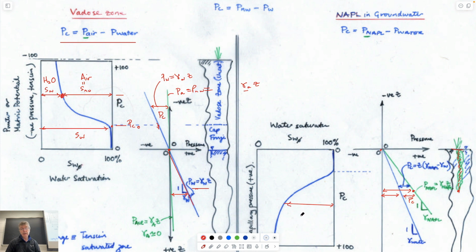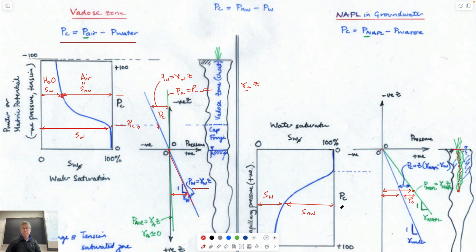This will be 100% water. This also is the saturation of the wetting phase. This is the saturation of the non-wetting phase, the NAPL, which increases as we go down because it's able to invade.